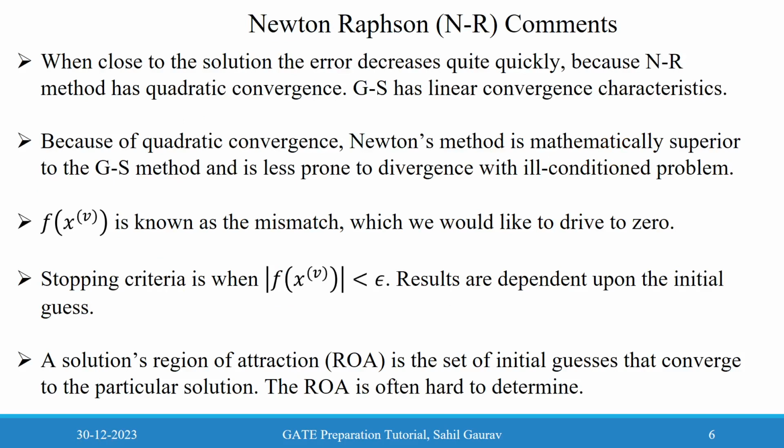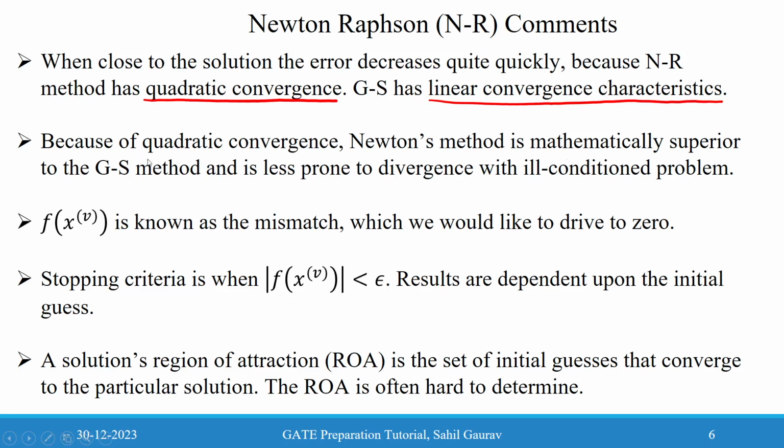What are the major things that we have to keep in mind for the Newton-Raphson method? The first is that when close to the solution, the error decreases quite quickly, because the Newton-Raphson method has quadratic convergence, whereas the Gauss-Seidel method has linear convergence characteristics. This is very important. We will see this also in the comparison between Gauss-Seidel and Newton-Raphson methods.